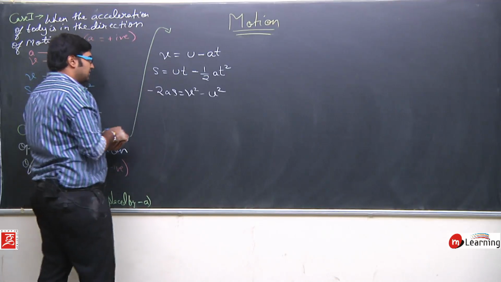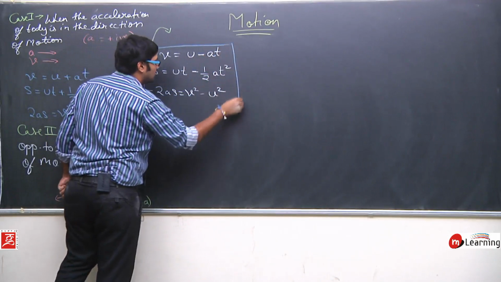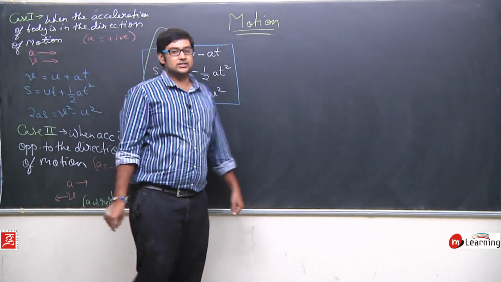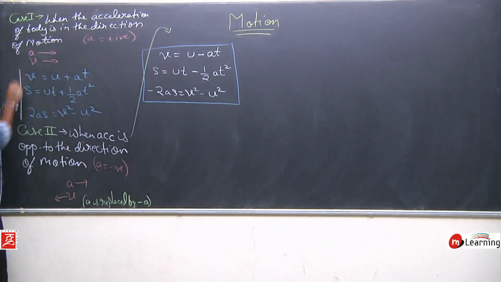Okay, so these are the three conditions for retardation or the negative acceleration. These are the three conditions for the positive acceleration.